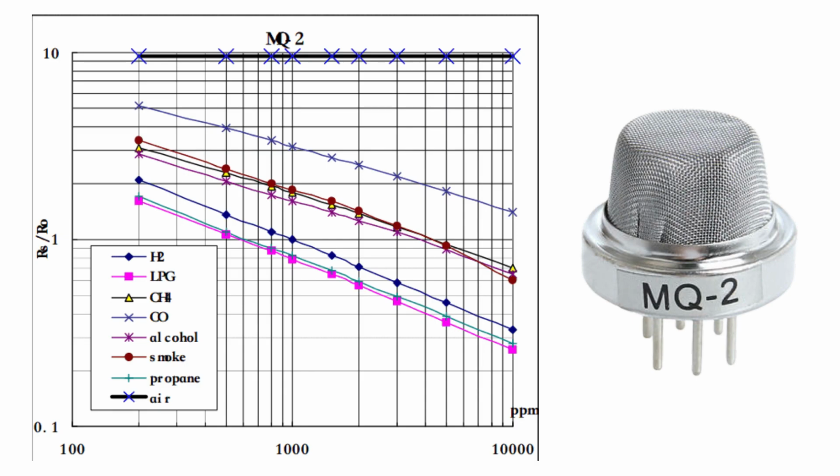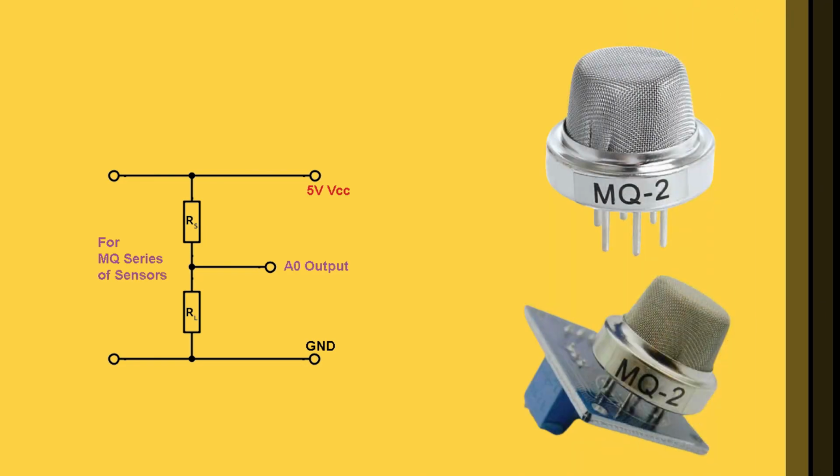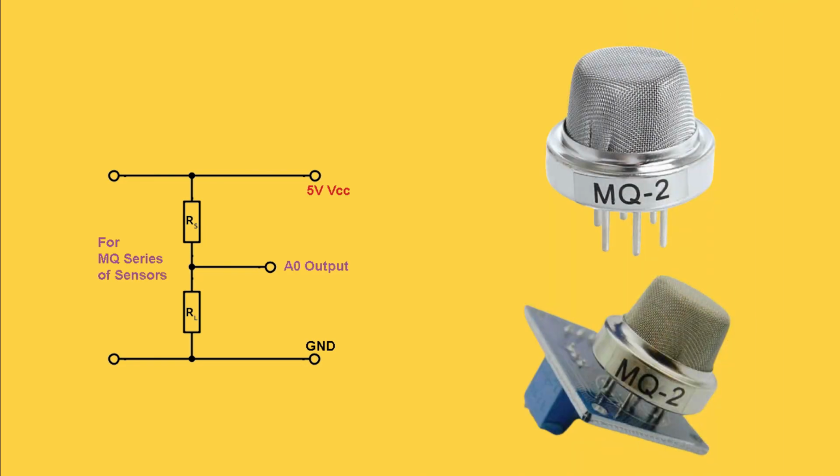According to the graph, we can see that the minimum concentration we can test is 100 ppm and the maximum is 10,000 ppm. In other words, we can get a concentration of gas between 0.01% and 1%. It contains a sensing material with a voltage divider network inside it, whose resistance changes when it comes in contact with the gas.